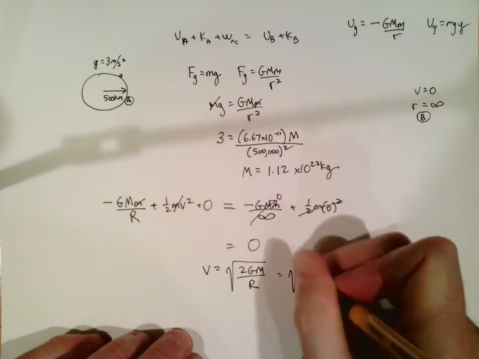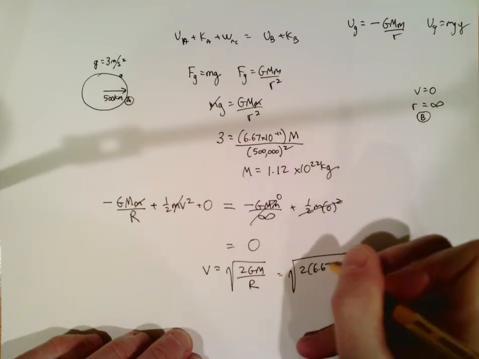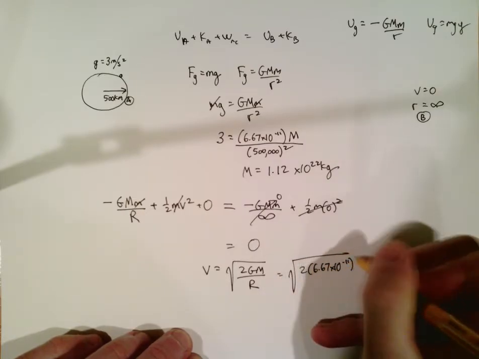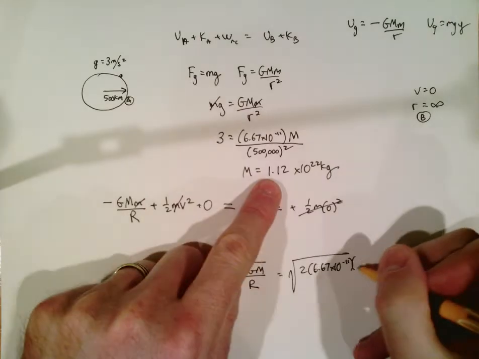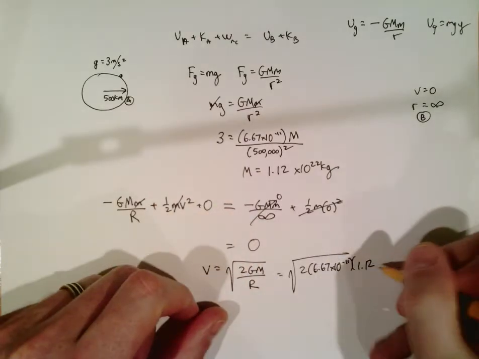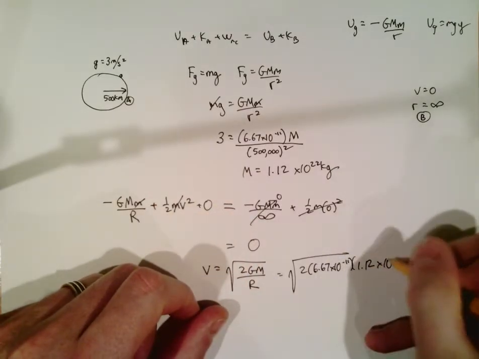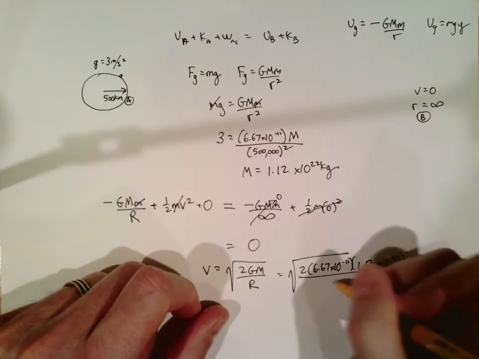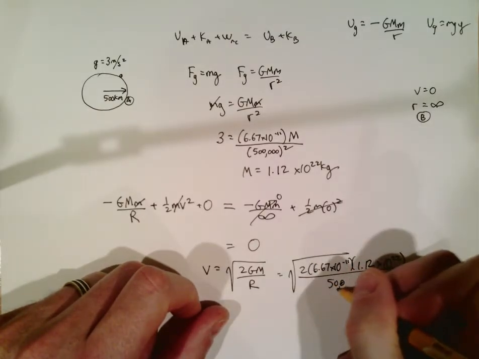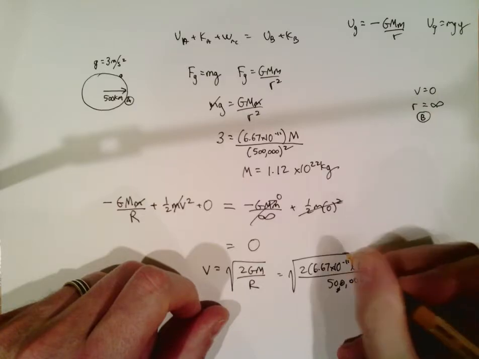So let's put in those numbers to get that answer. G is 6.67 times 10 to the negative 11. The mass of the planet we discovered is 1.12 times 10 to the 22nd, and then R is 500,000.